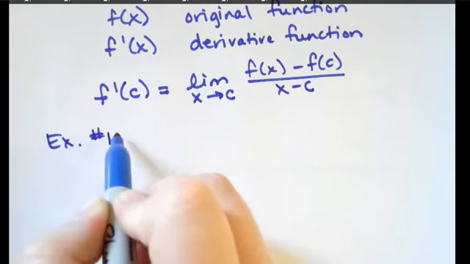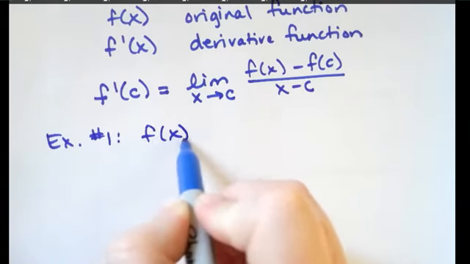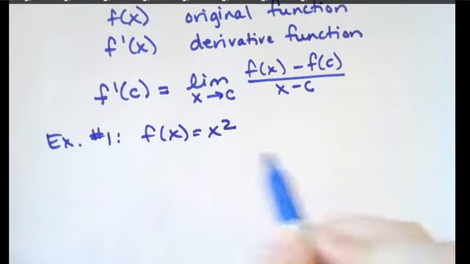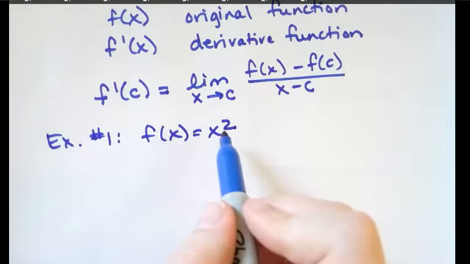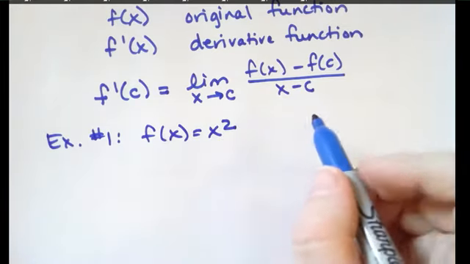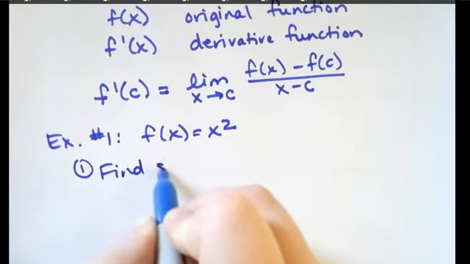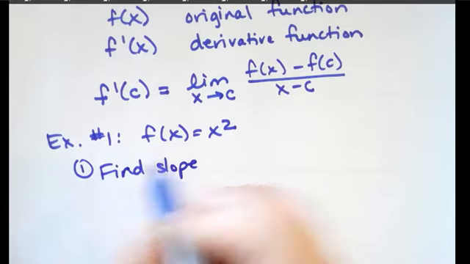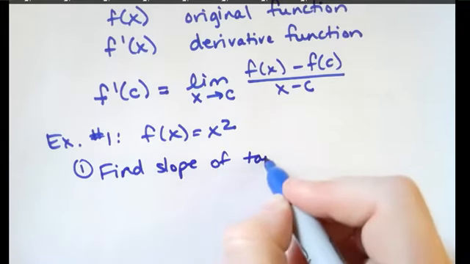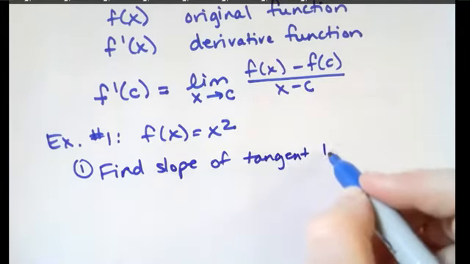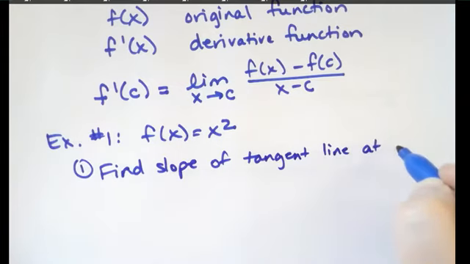Let's say that I give you the function f of x equals x squared. We know that graph looks like a parabola, and we want to find the slope of the tangent line at c equals negative 2.